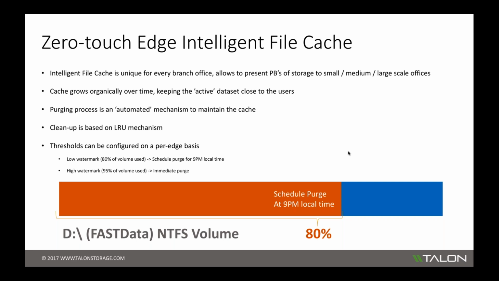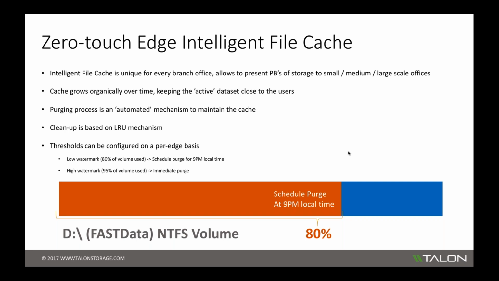As soon as it hits the 80% mark, we schedule what we call the purging process, and we schedule it for execution at 9 p.m. by default. What it does is schedule a cleanup of the cache based on a least recently used mechanism.